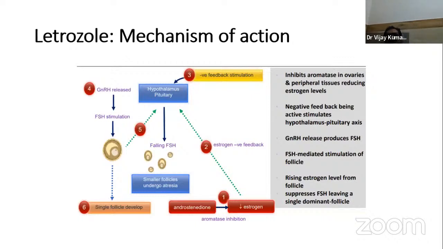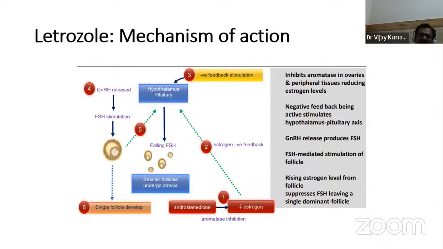So unlike clomiphene citrate, letrozole is a peripherally acting molecule. As you all know, in PCOS or in any other chronic anovulation, the androstenedione, which is in excess, will be converted to estrogen. This estrogen further acts on the hypothalamus, leading to reduced secretion of FSH.